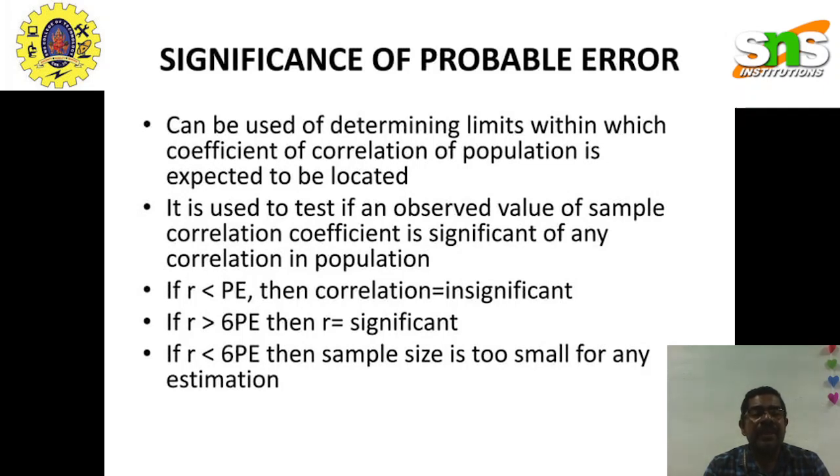If the value is greater than the PE, it has good significance. If the value is less than 6 times the PE, the sample size seems too small for any estimation. So the correlation value r should always be more than 6 times the PE, and then we can come to the conclusion that it is significant.